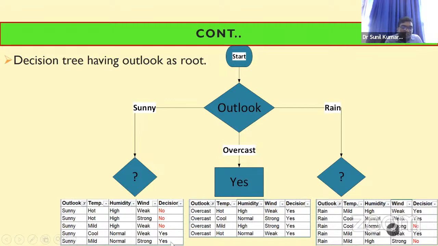And here a mixture of records is there, I mean yes and no. And similarly here, yes and no. That's why these nodes need to be further explored. And we have seen that humidity became the root here, and wind became the root here. Then after further splitting, we reached the level of terminal nodes, and the records were perfectly classified.